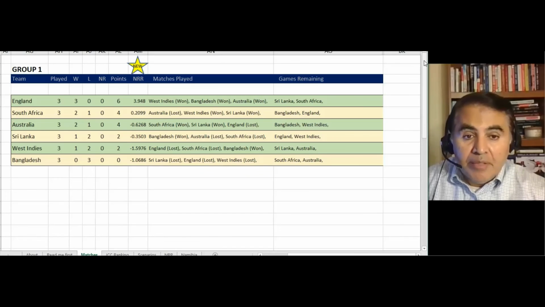Again, they will not be guaranteed a spot in the next round, but at least with 6 points on the table, they have a chance. They cannot lose any game. So again, England doesn't have to win. They could just go on cruise control, and no matter what the outcome is, England will more or less be safe. But it's a crucial game for Sri Lanka.